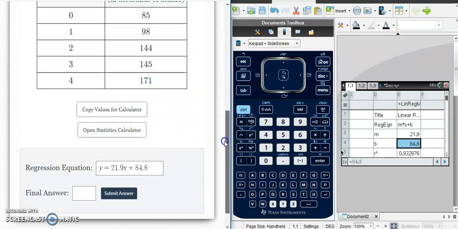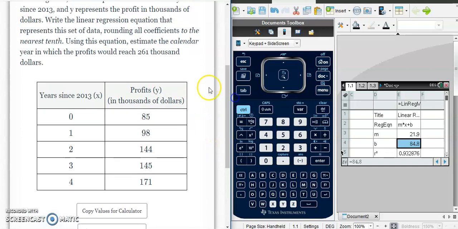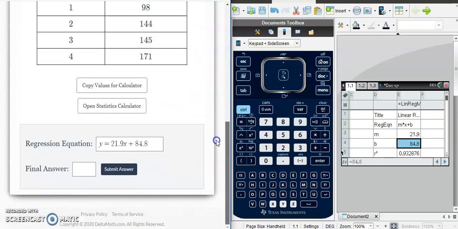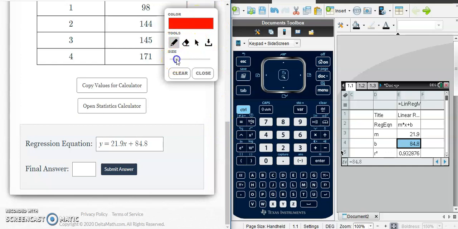With these linear problems, just like you had last week, it says use that equation to estimate the calendar year in which the profits would be $261,000. So if I was going to solve for the year, let's see, last week I ran out of room, so let me try starting in a different spot. I think they said 261. So the profits was 261, and here is how I'm going to set that equal.